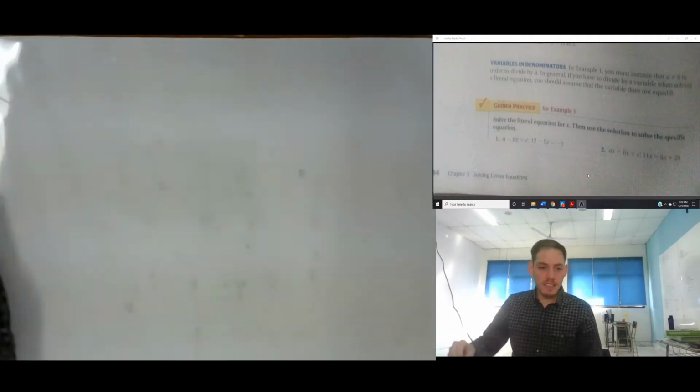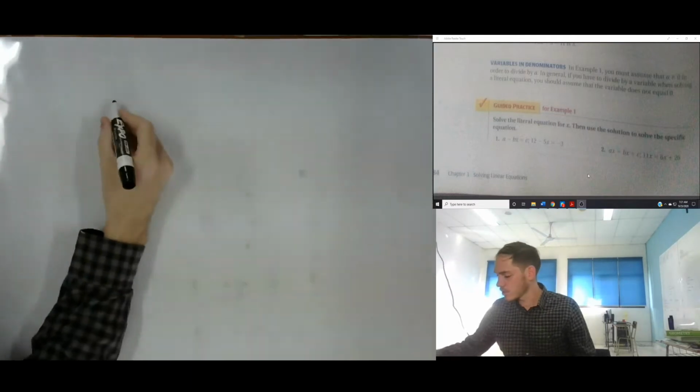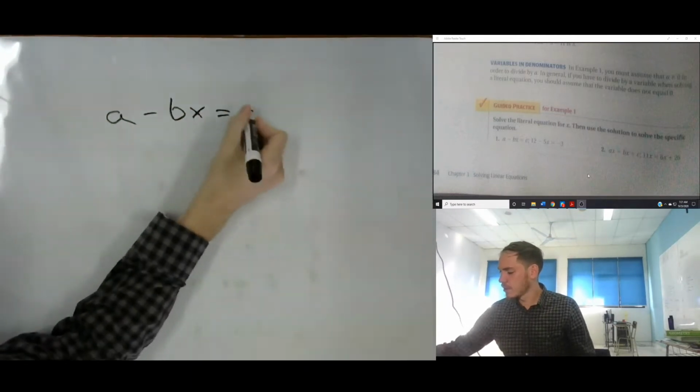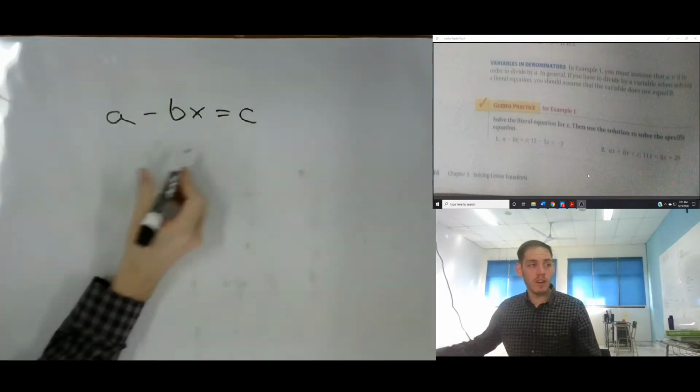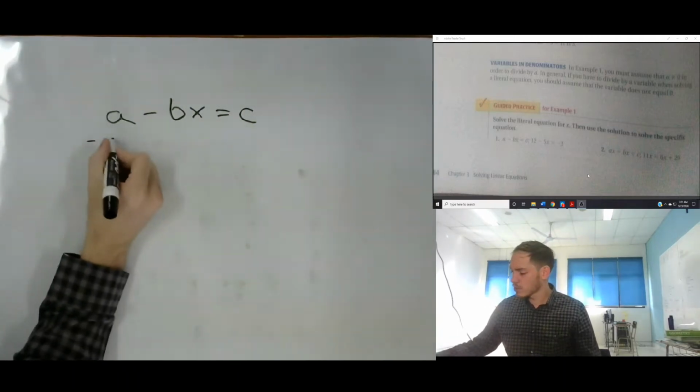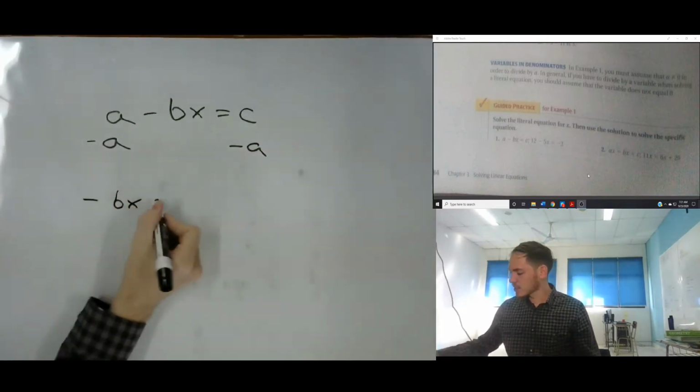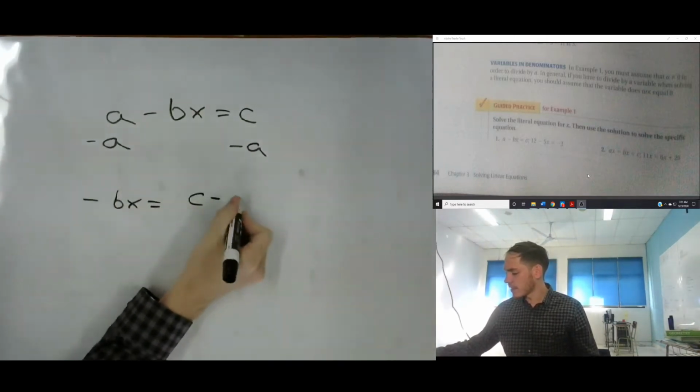It's something that is true in mathematics. It's possible to solve, but not necessary. So, let's try this one. Okay, solving it for x. We're going to subtract a from both sides first, getting negative bx equals c minus a.